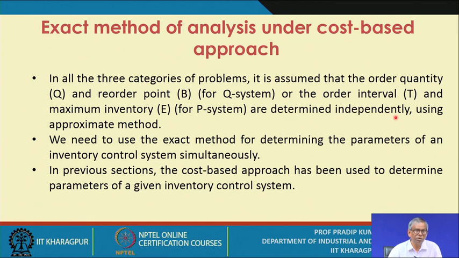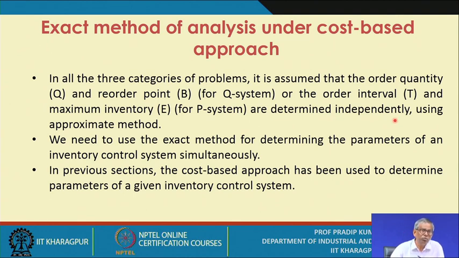Category 1 means the variable demand, constant lead time, category 2 is the constant demand, variable lead time, and category 3 means the variable demand and variable lead time. Now in all these three categories of problems, it is assumed that the order quantity and reorder point for Q systems, obviously, or the order interval and the maximum inventory for the P systems are determined independently.